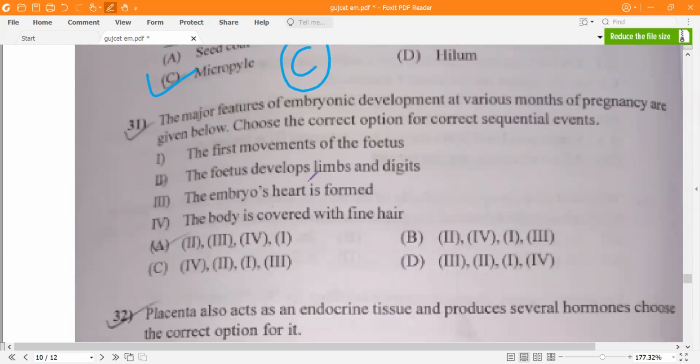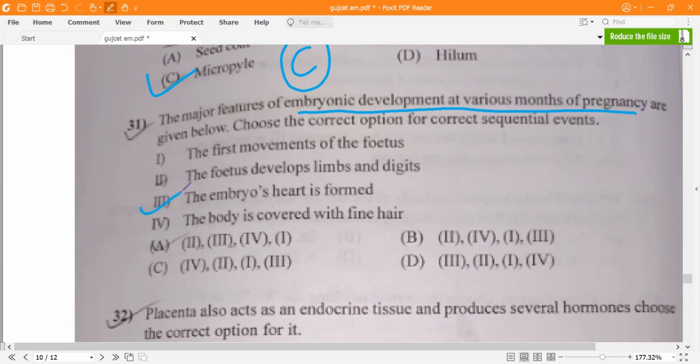Now they asked about the major phases of embryonic development during human pregnancy. So what are the correct options? It is from the third chapter, especially the last paragraph, where they have mentioned what events will occur. The first thing is that the heart is formed.